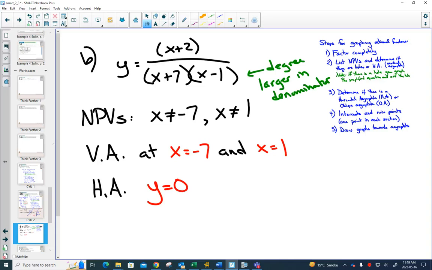If I put in a big number like 1,000,000 in for x, on the top, I'll have 1,000,000. But on the bottom, I'll have 1,000,000 squared, because the bottom has a square. So the degree is bigger on the bottom. That means that number on the bottom will get bigger much faster, giving you a horizontal asymptote at y equals 0.